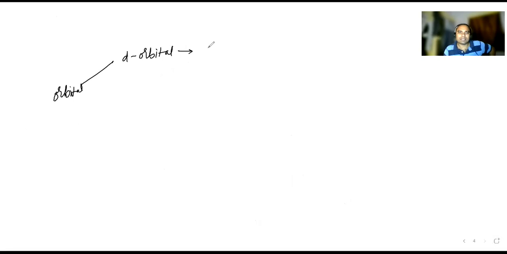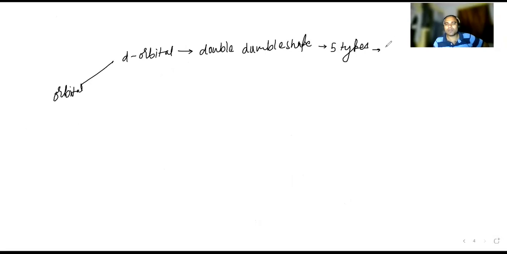The d orbital is called the double dumbbell shape. Double shape means two dumbbells will be there, and there are 5 types. Can you tell me the maximum electrons, how many? 10 electrons. So we can mention 10 electrons here.